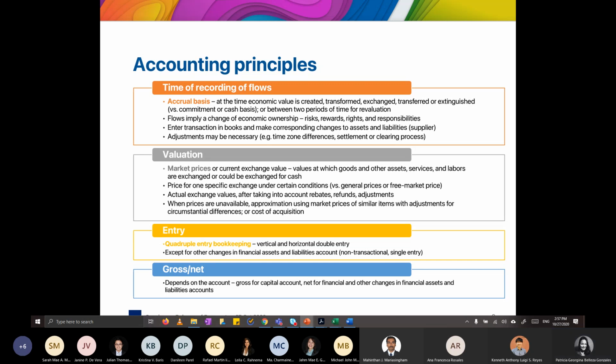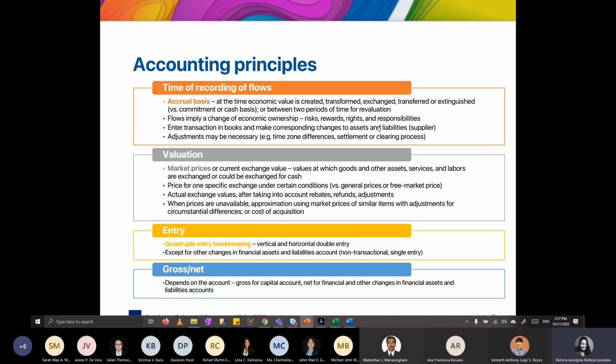One of the practical ways of getting a signal on when to record a flow as entering your BOP is when the transaction enters the books and there is a corresponding change to assets and liabilities, most of the time from the supplying party.